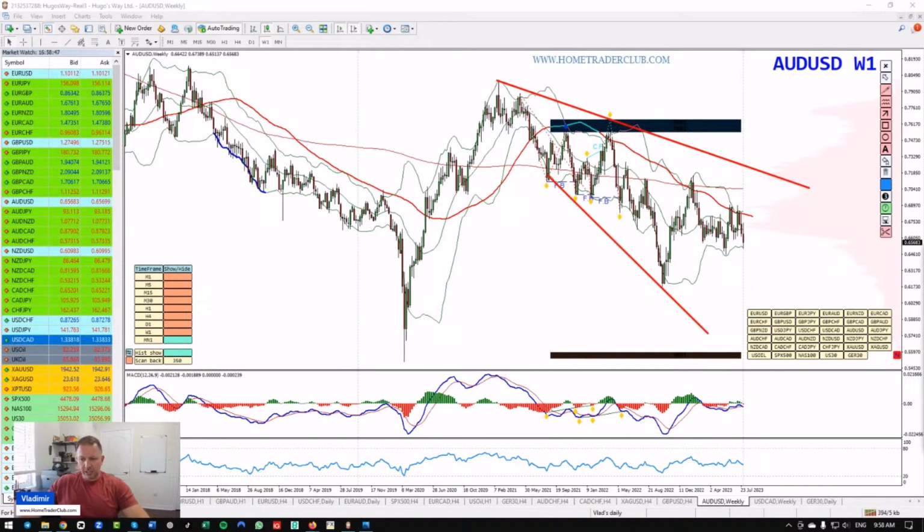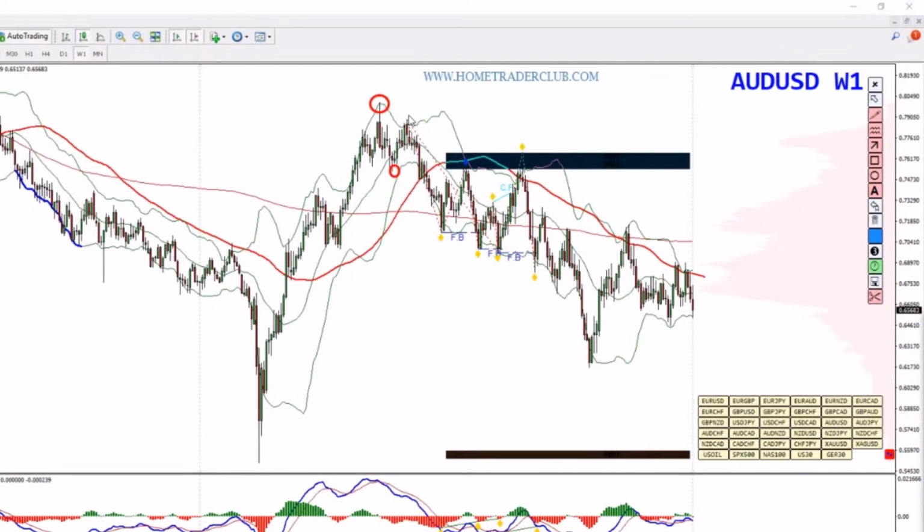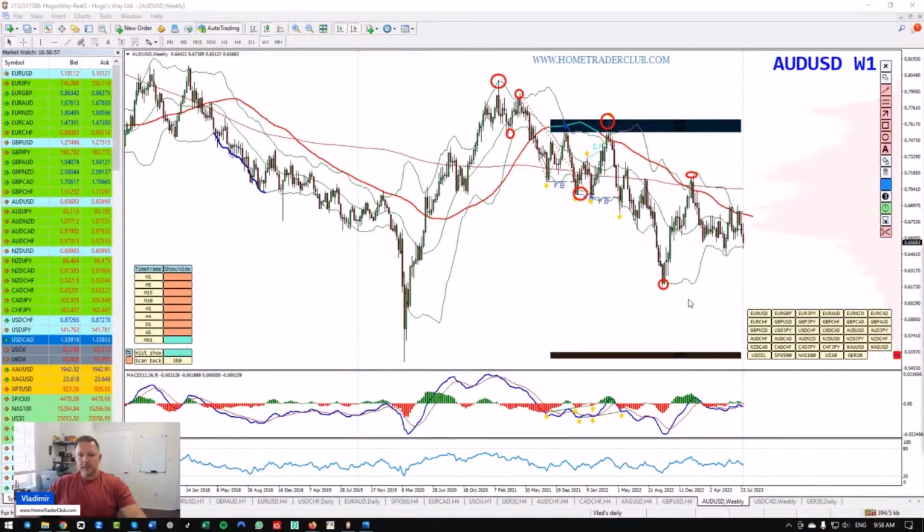That's a clean sequence of lower highs, lower lows, without any change at the moment. Yes, the market was pulling back, but then rejected this zone, pulls down again. So the momentum here is pretty clear bearish. The buyers were trying to reject, but they failed to gain any momentum.